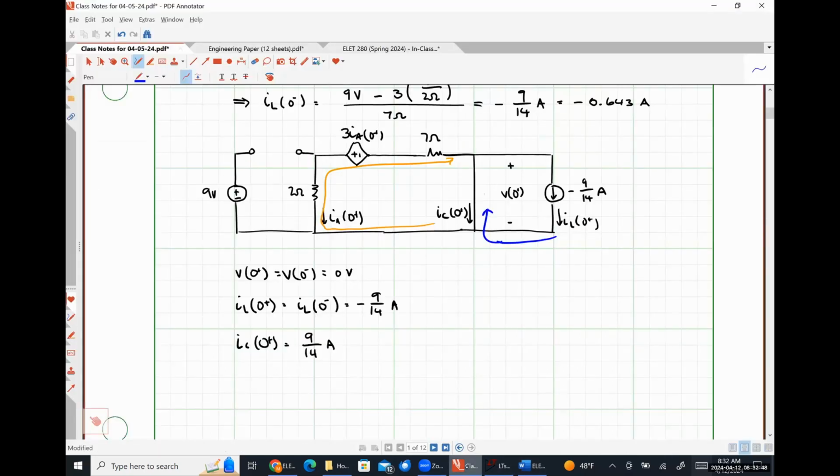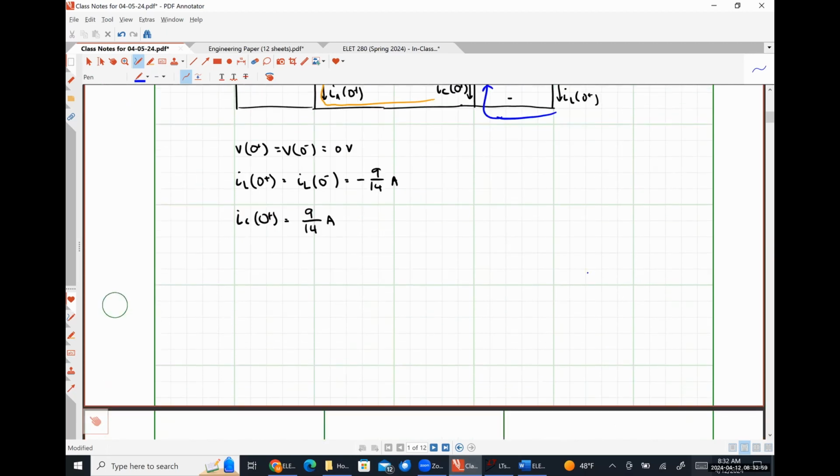Okay. So the next thing that I want us to do is we're jumping ahead to, I guess this would be part D, where we're determining alpha and omega naught for this circuit. So let's start with omega naught, right? Omega naught, by definition, is the square root of 1 over LC.